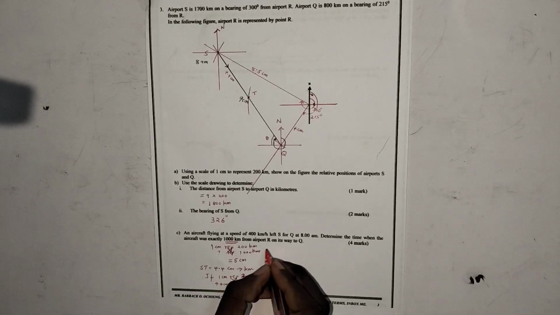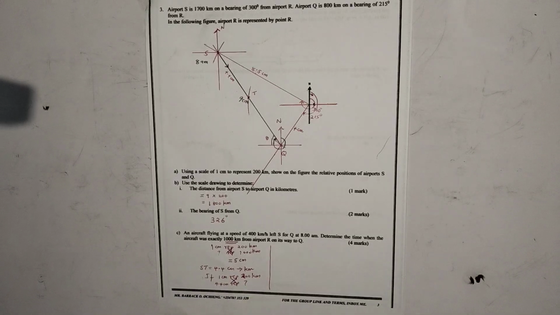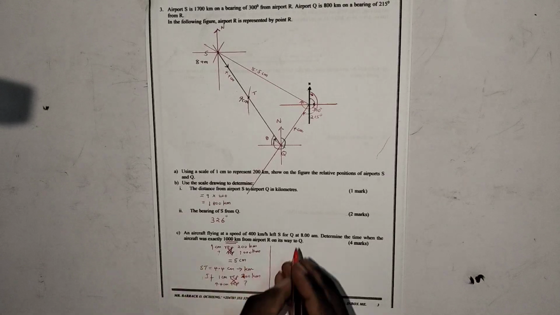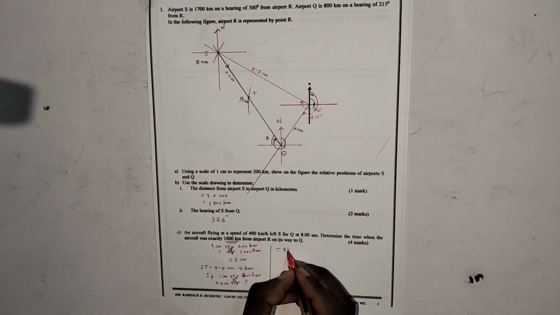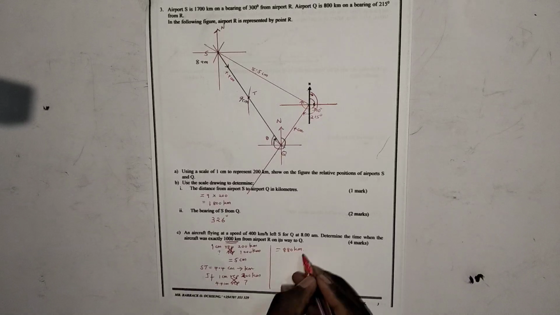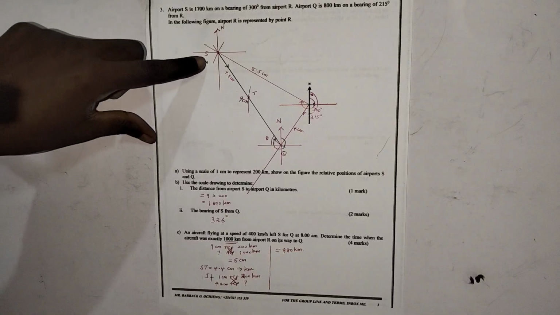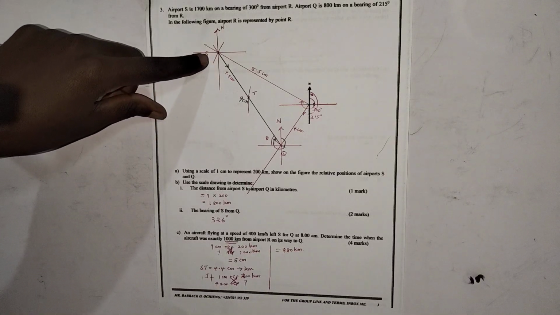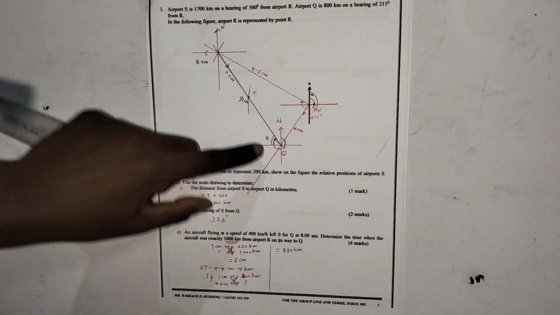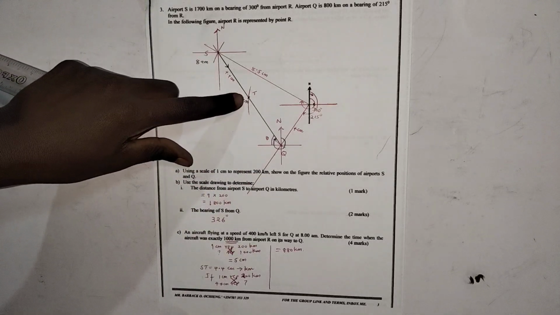You cross multiply and you'll have 4.4 times 200. We are getting 880 kilometers. So it means that this aircraft has traveled 880 kilometers along SQ when it is exactly 1,000 kilometers from the point R.